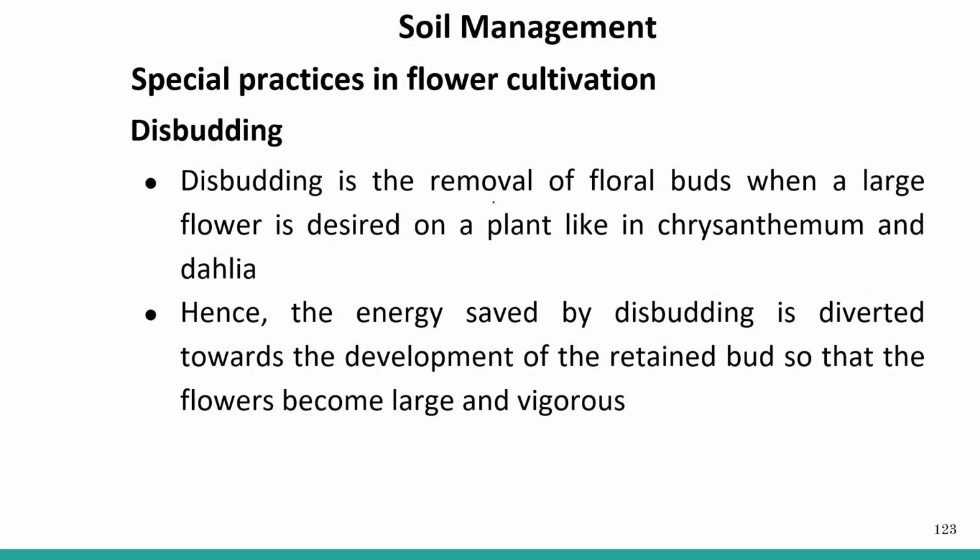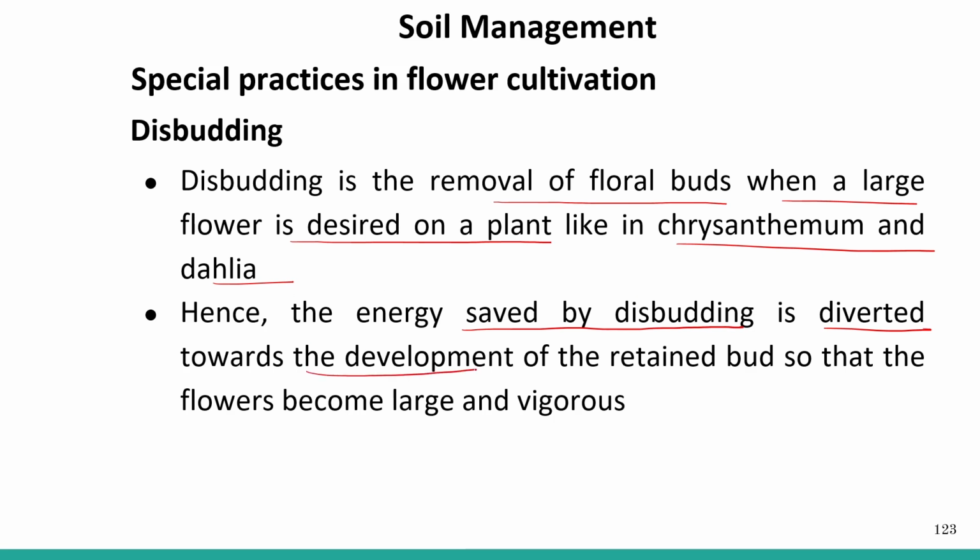Disbudding is the removal of flower buds when a large flower is desired on a plant like chrysanthemum and dahlia. Hence, the energy saved by disbudding is diverted towards the development of the retained bud so that the flower becomes large and vigorous. So we want only 1 or 2 flowers, and that should be quite big, as we have seen in the chrysanthemum and dahlia plant, right?